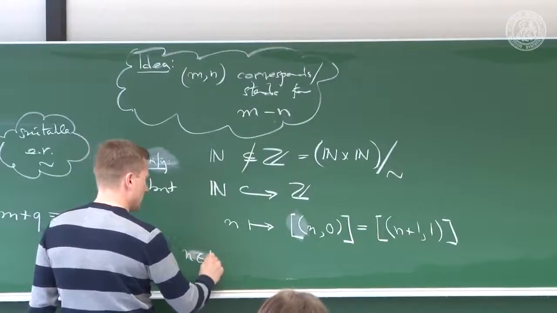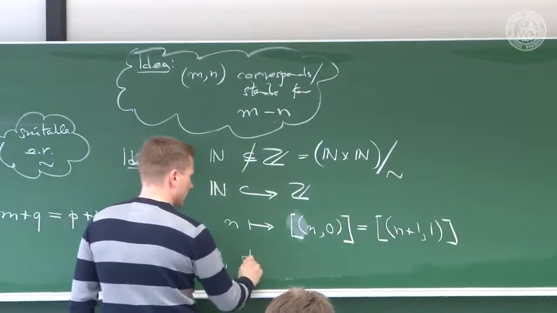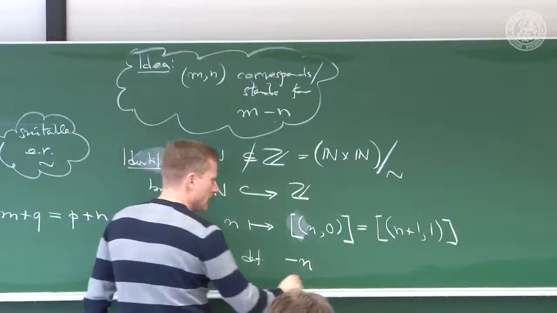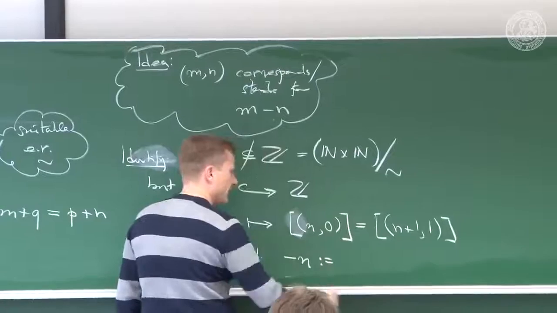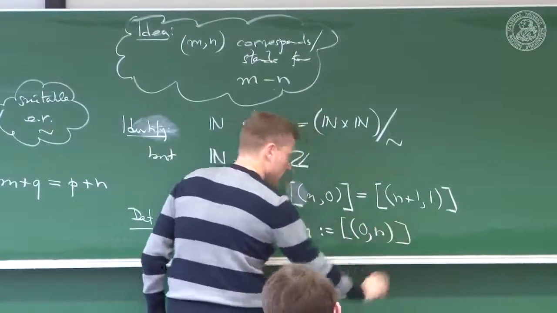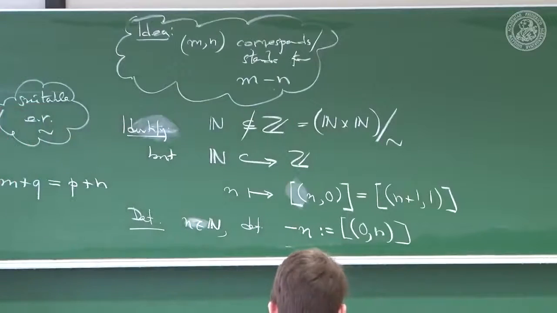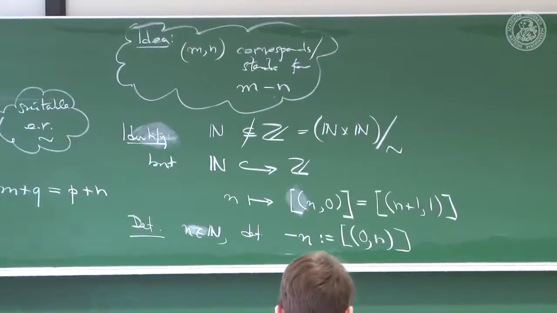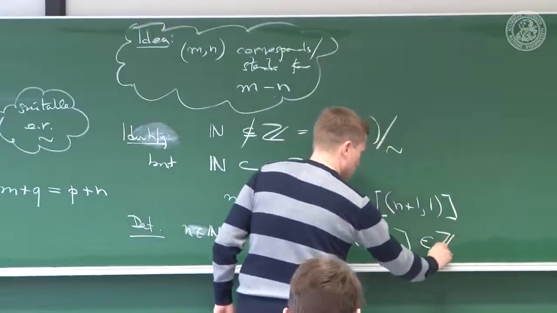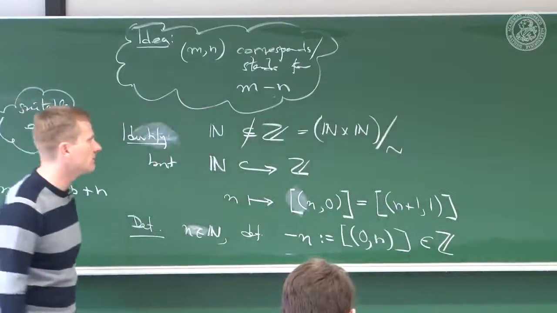So let n be in N, and you define minus n. And what is this supposed to mean? Well, minus n would then be defined as the equivalence class of (0, n). Do it the other way around. Okay? And this minus n, however, is of course then also an element of Z, obviously.